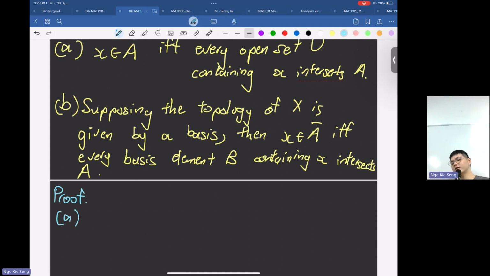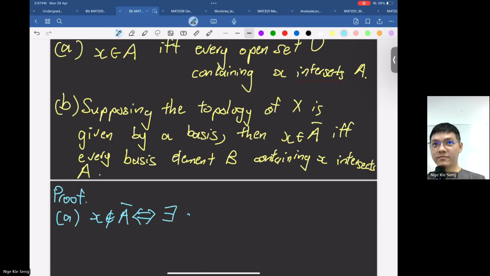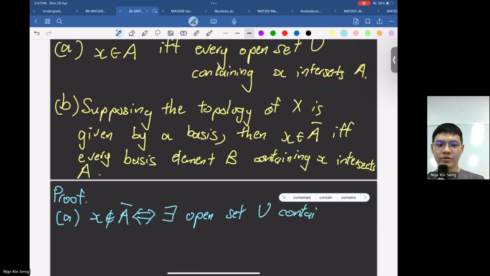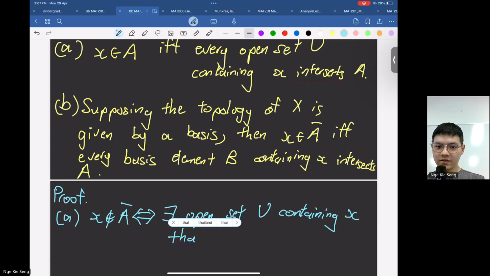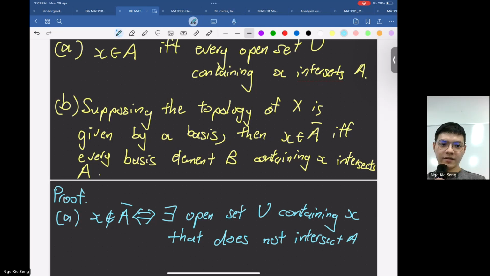Instead of checking for all open sets, we can turn this sentence into: X is not in the closure if and only if there exists some open set U containing X that does not intersect A. Is this obvious or not?